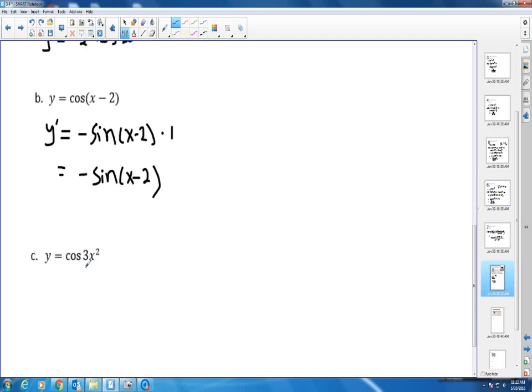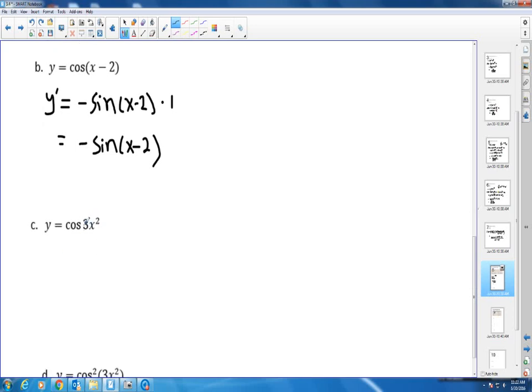Alright, what about cosine of 3x squared? Again, if I put a parenthesis right here, then I can view my cosine as an outside function.